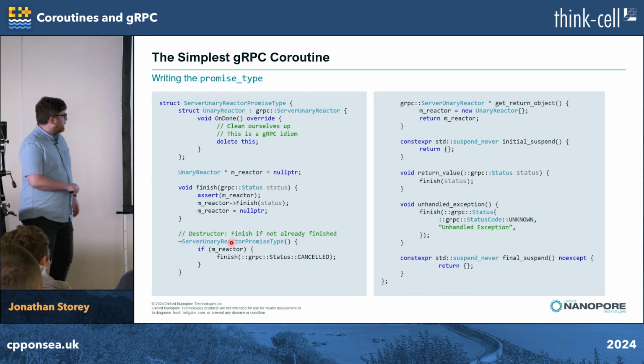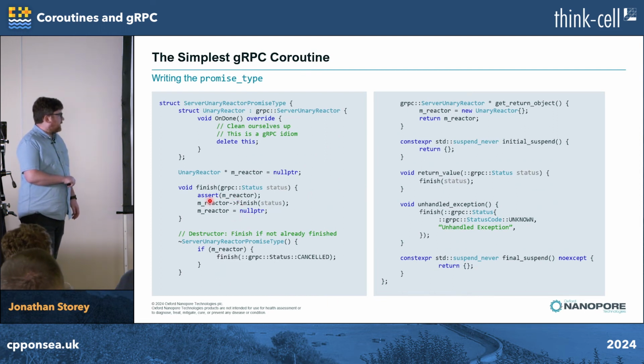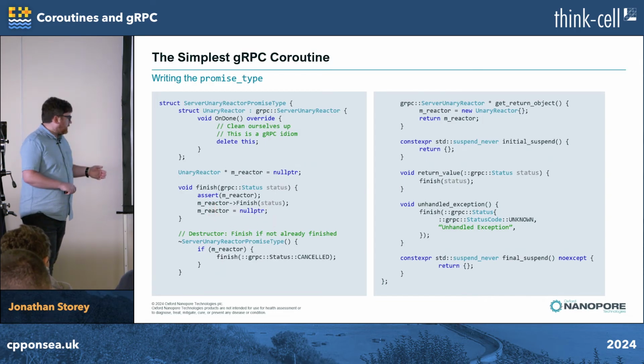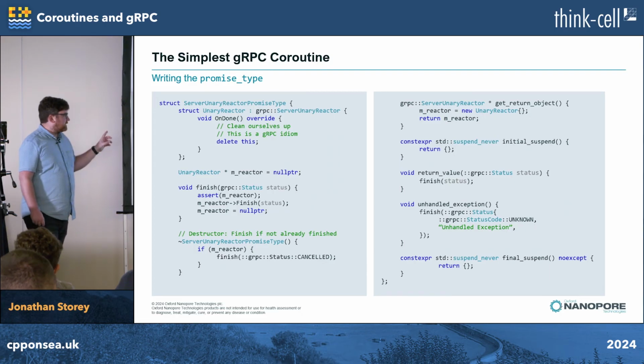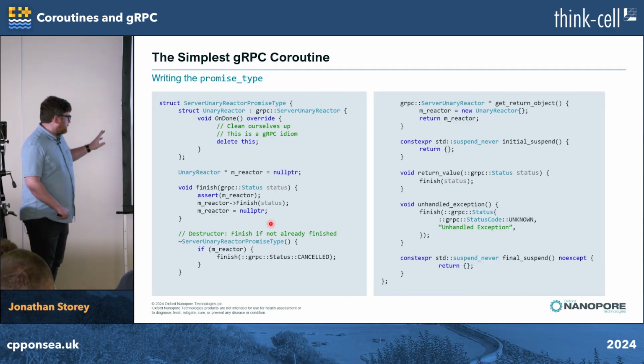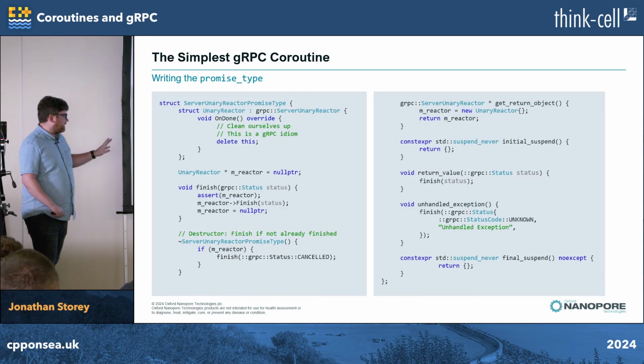This finish function here just calls the finish function on the reactor and then clears the reactor, so you can call finish multiple times. And because of the design of coroutines, there's no worries about reentrancy. I can go into that later if anyone wants to talk about that. Finally, if the reactor promise gets destroyed without having been finished, we finish.